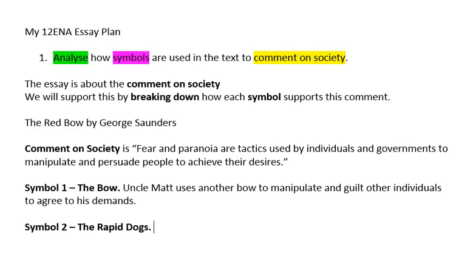And now our second symbol could be as simple as the rabid dogs. Even though they are characters, I suppose, that are alluded to in the text, these rabid dogs are also symbolic. When you think of a rabid dog, you're talking about a wild animal. And a wild animal that's lost all control is incredibly dangerous, as we've seen by the fact that these dogs kill Emily.